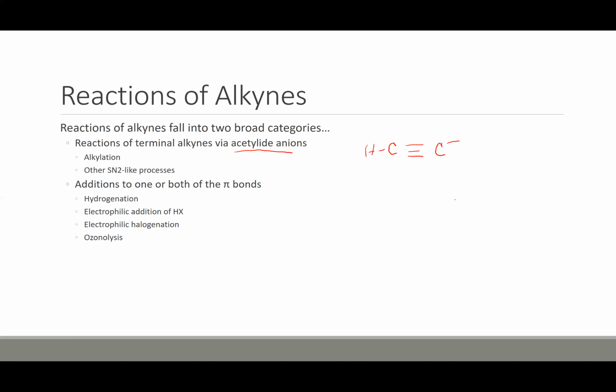So it looks like this. This is the acetylide anion. So it's the simplest form of an alkyne, and we can do a lot of chemistry specifically with this very simple alkyne.